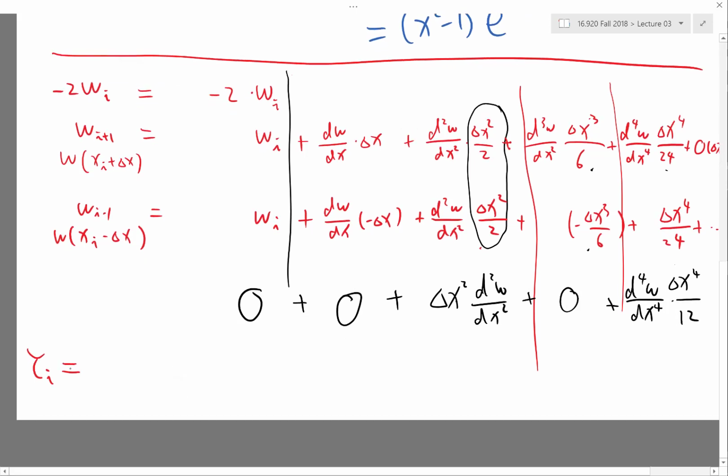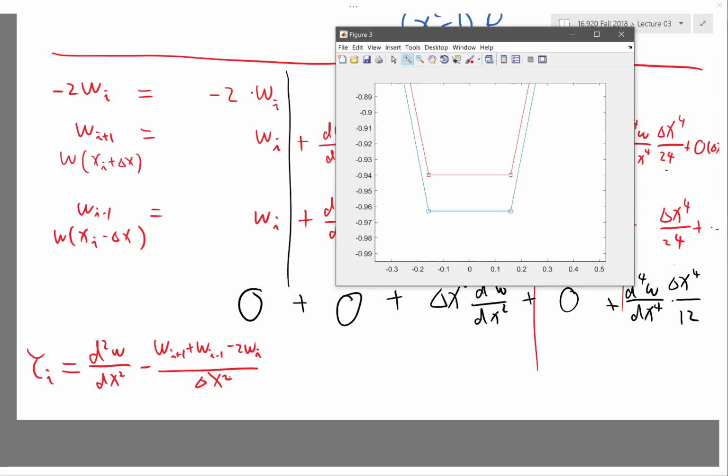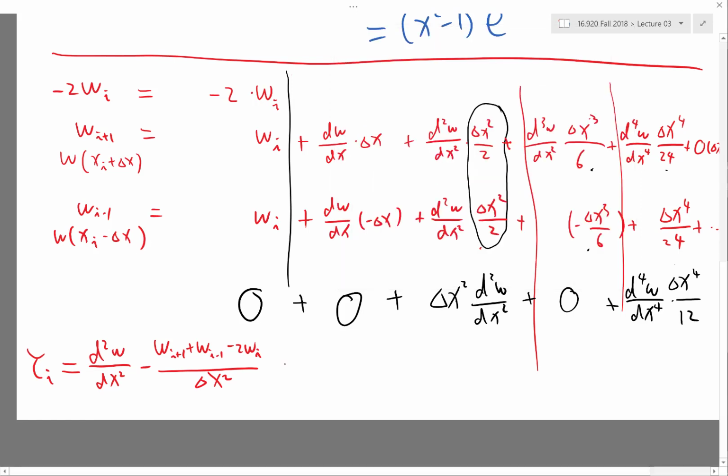It is defined as the difference between the analytical derivative and the numerical derivative, the finite difference approximation. Like in MATLAB, that's the difference between the blue curve, which is the analytical derivative, minus the red curve, which is the numerical derivative.